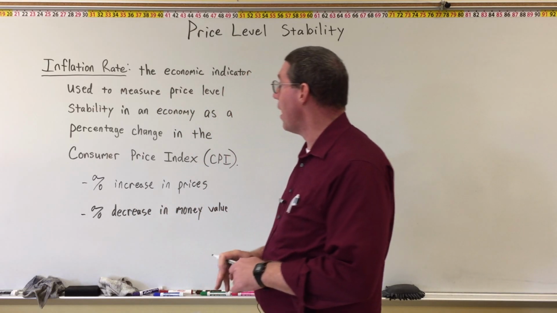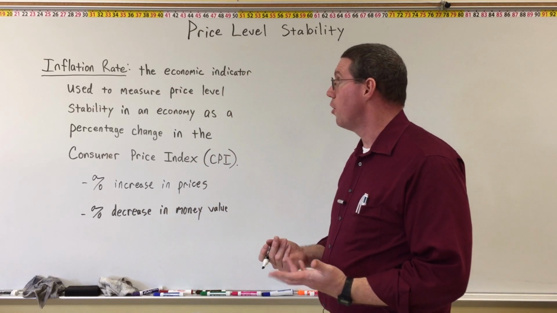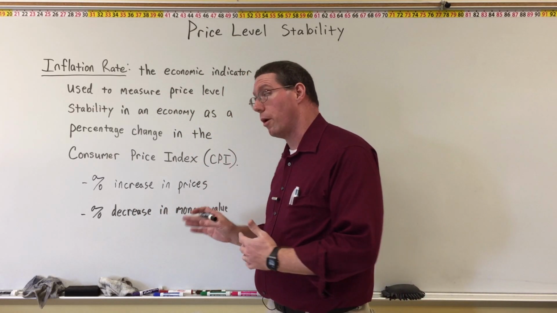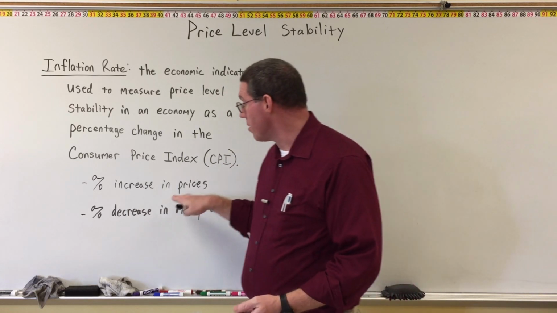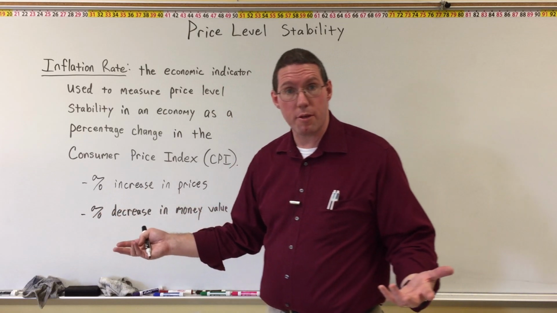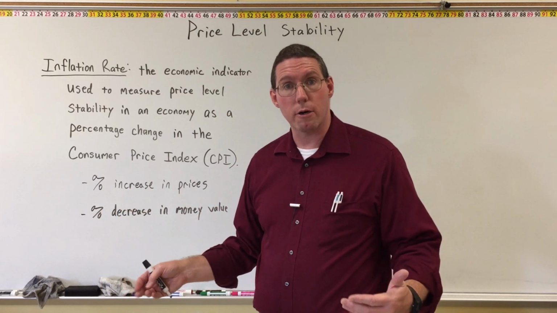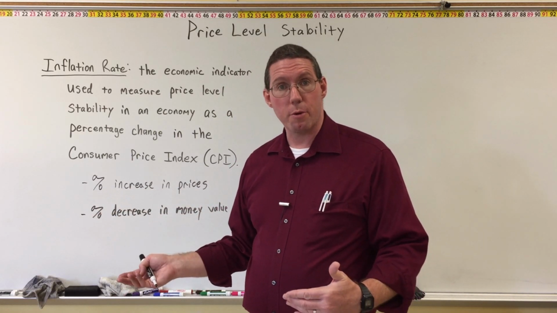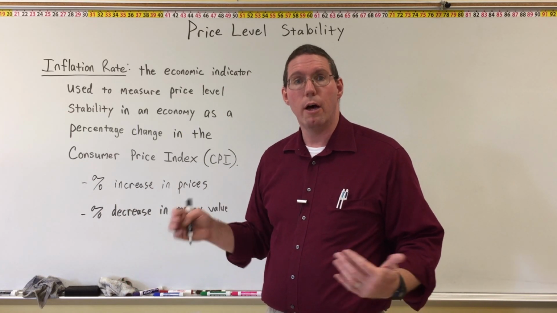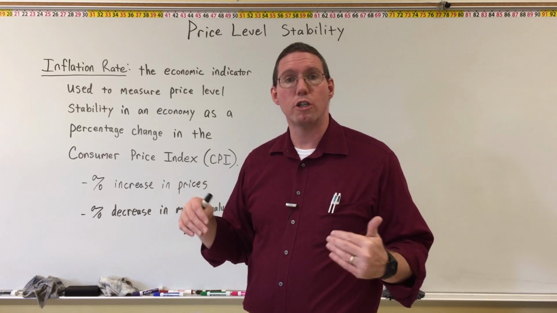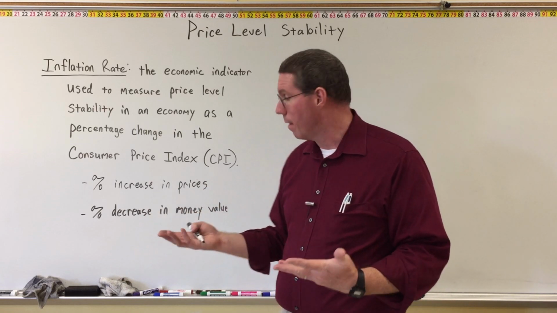Okay? So if the inflation rate for 1 year is 3%, then that means that prices increased by 3%. So anything that cost $1 went up to $1.03. Or another way to think about it is something that cost $100 a year later now costs $103.